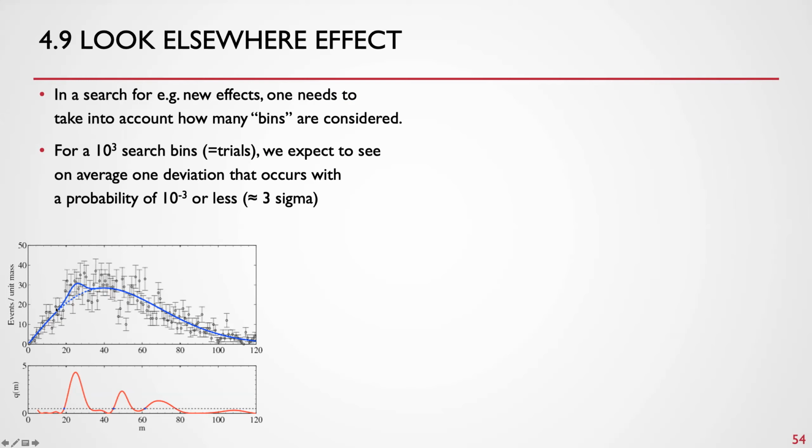You can fit the background shape, that's the smooth function here. And now you ask yourself, is there a peak somewhere? A peak would be indicative of a new particle, okay? So here we have, let's say, order of 1,000 search bins. And now we make a fit for a peak. We do not know where the hypothetical particle may reside.